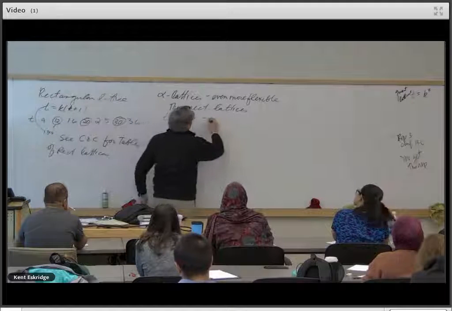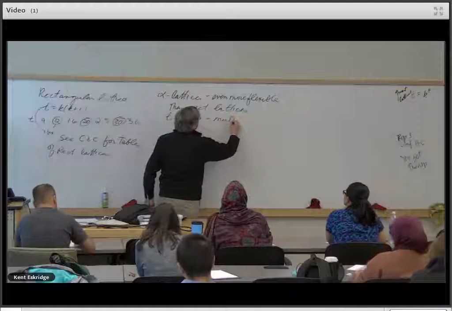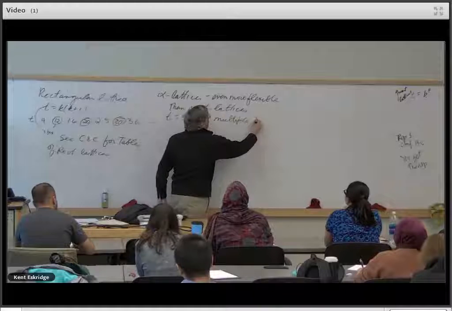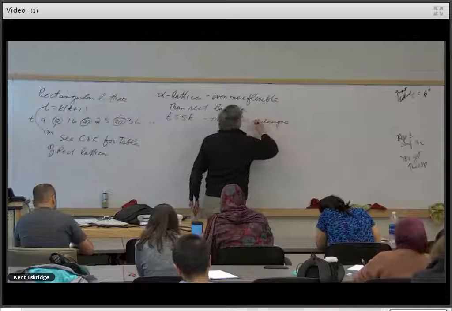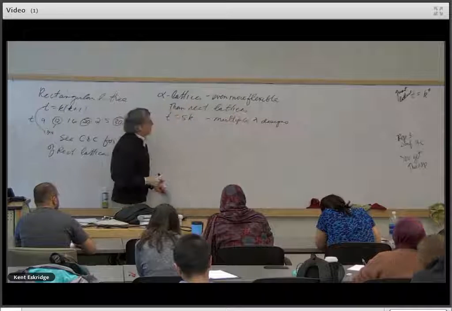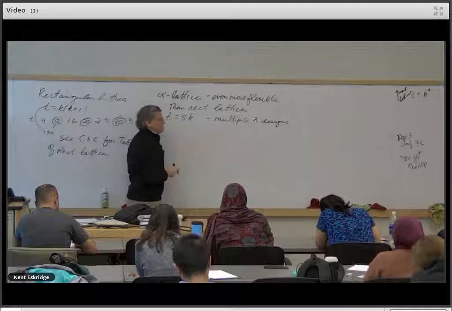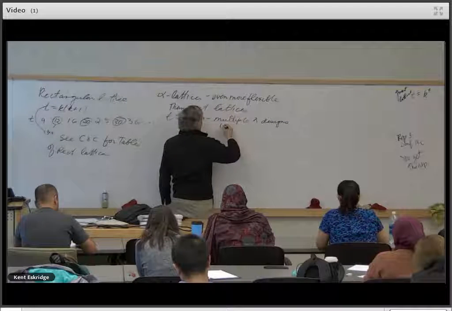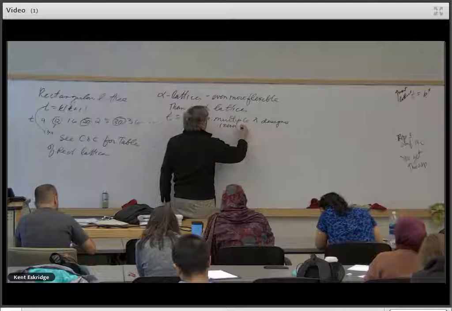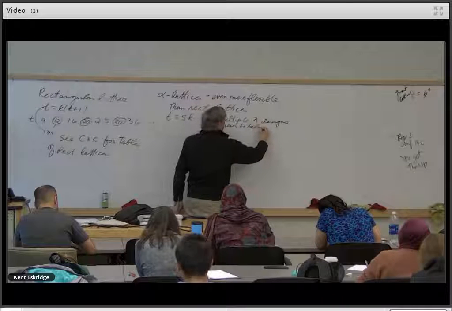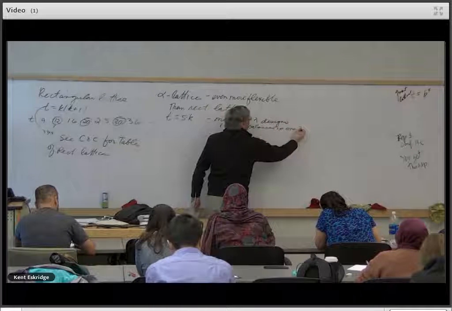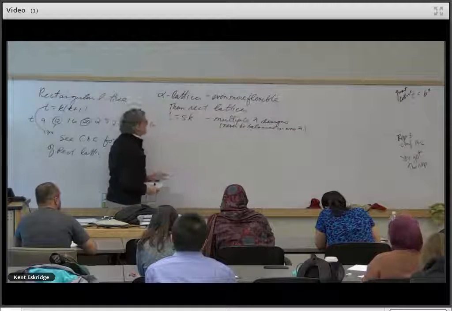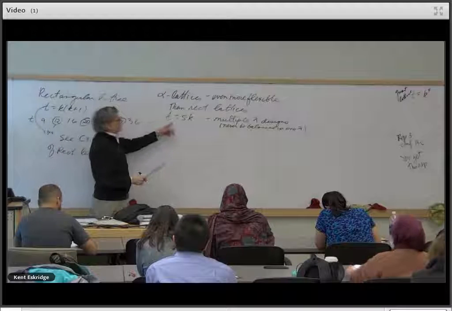And these are not balanced. They're multiple lambda designs. That is, they're partially balanced. They can never be balanced. That's a criticism of alpha lattices. They can never be balanced, that is, one lambda. But if you have a few reps, it's okay.